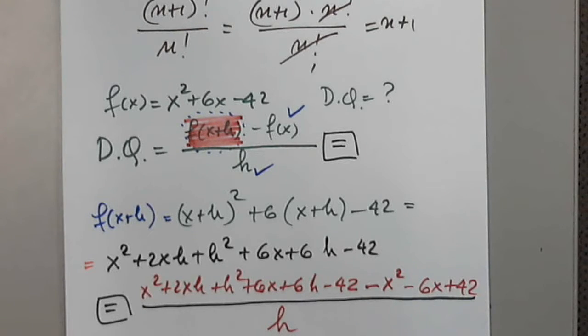Everything, yes, all terms with no h must go away. Good. And then the second thing that has to happen, what is the second thing that must happen in any difference quotient? Factor out h. Correct. And as a result of that, what will happen? Yes. We'll get the complete difference quotient.